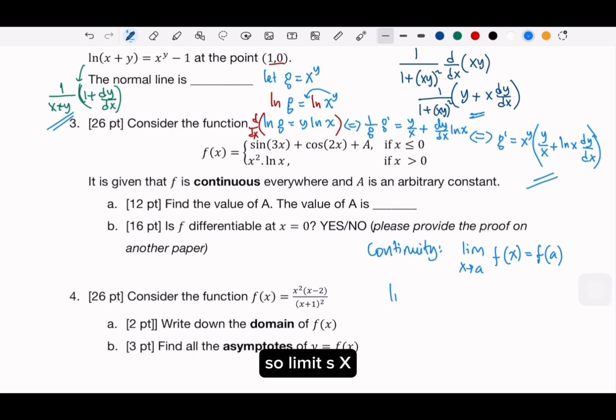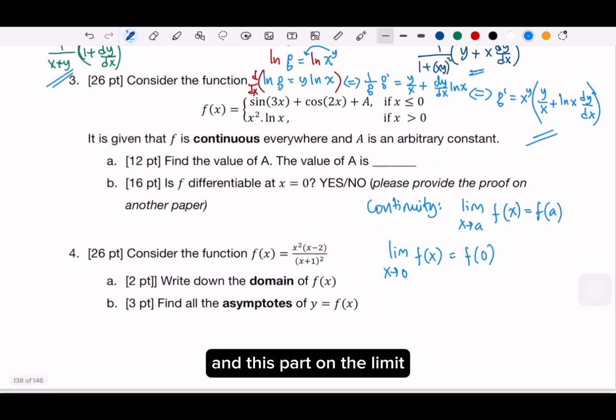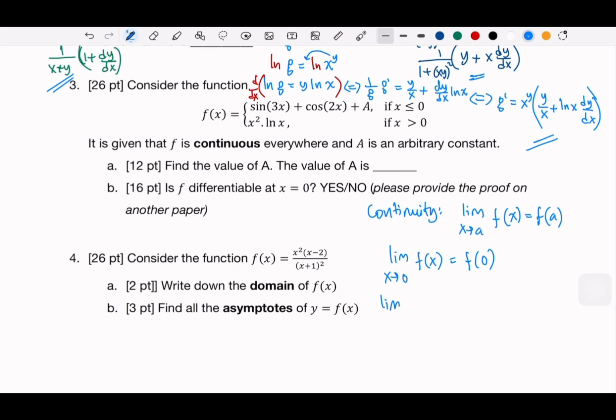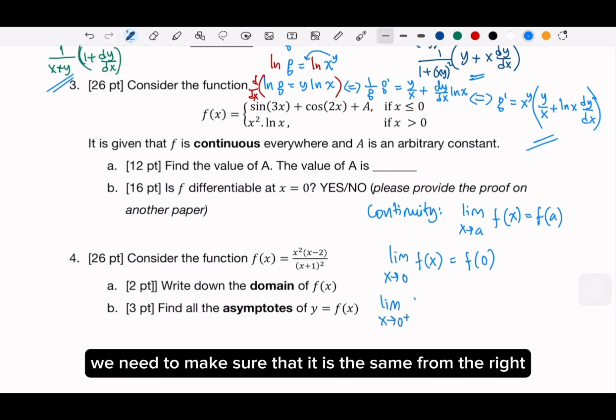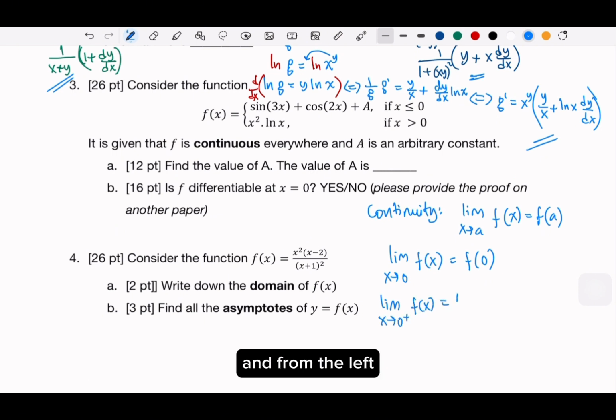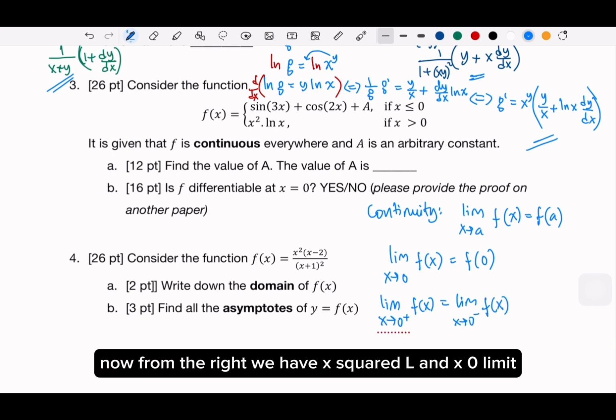So limit as x goes to 0 is equal to f of 0, and for this limit we need to make sure that it is the same from the right and from the left. Now from the right we have x squared ln x.